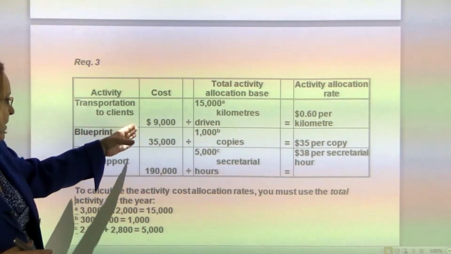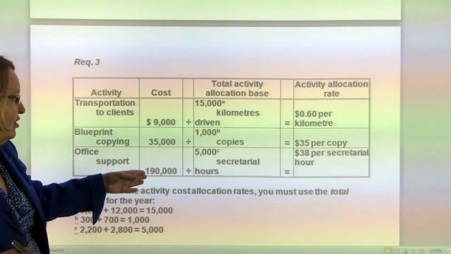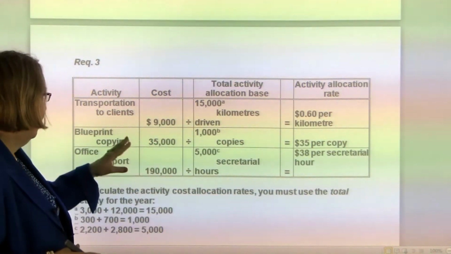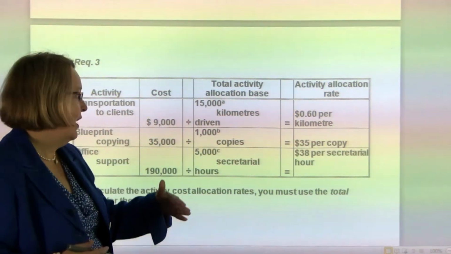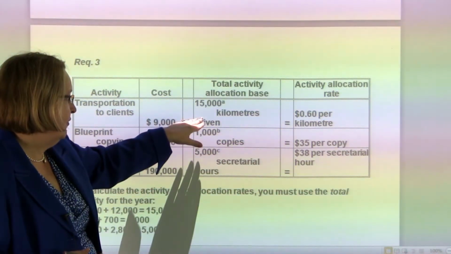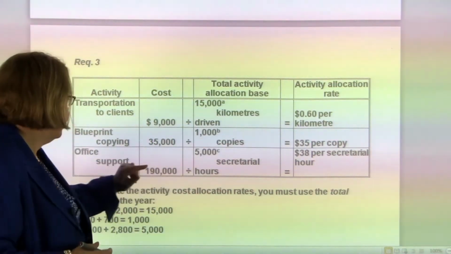And we're given the total cost of each of these main activities. So what we need to do is find out what the allocation rate is. For transportation, the cost driver is the number of kilometers driven. So 9,000 divided by 15,000 kilometers is 60 cents per kilometer.